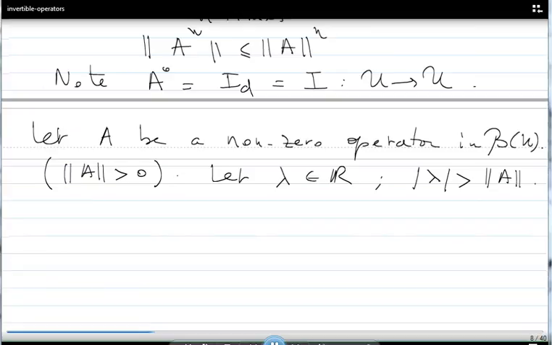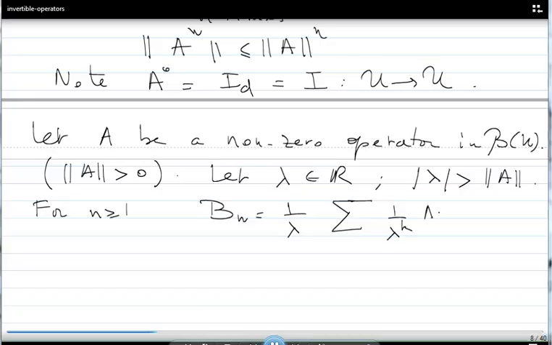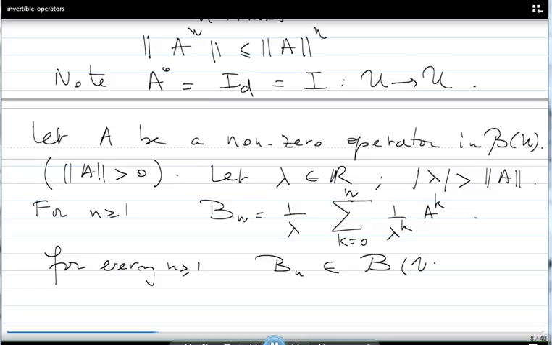And let us now consider the operator Bn for n greater or equal than 1. Let us introduce Bn equal to 1 over lambda, sum of (1 over lambda) to the power k, A to the power k, k from 0 to n. So clearly for every n greater than 1, Bn is bounded and belongs to B(U). So it's a linear operator which is bounded. Okay?